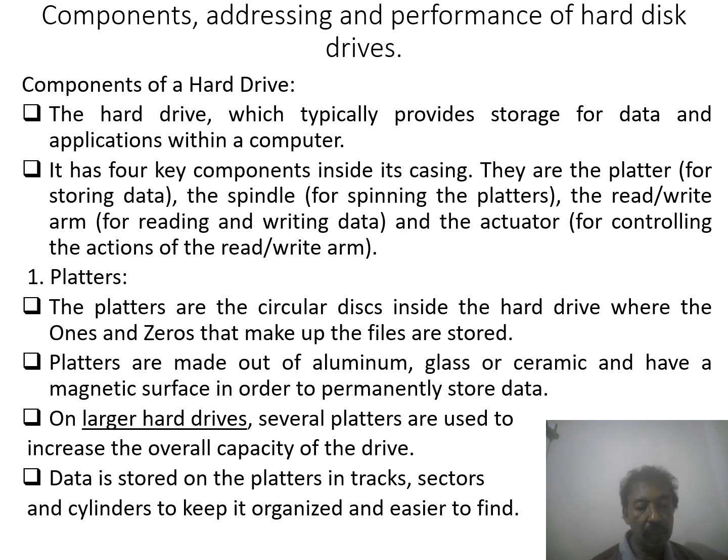On larger hard drives, several platters are used to increase the overall capacity of the drive. Data is stored on the platters in tracks, sectors, and cylinders to keep it organized and easier to find.